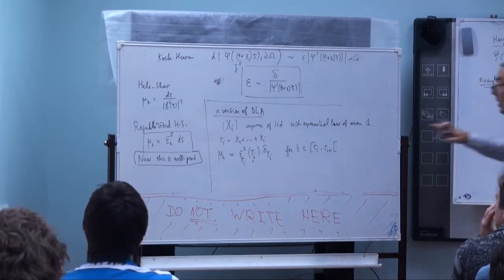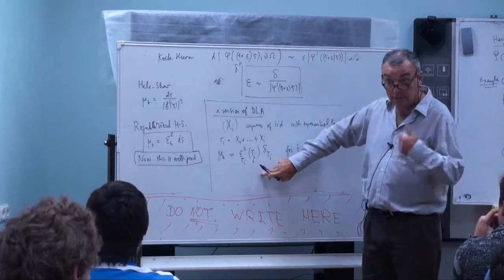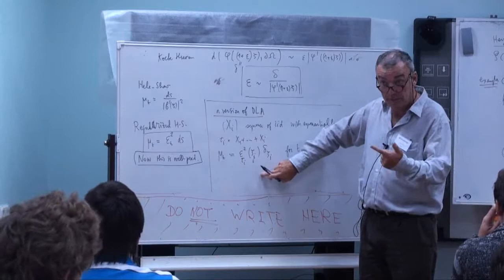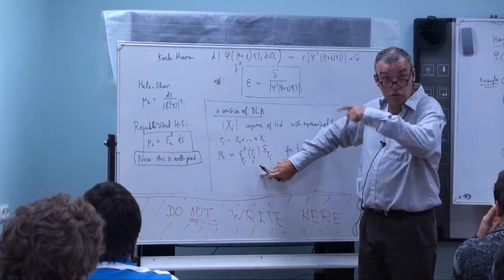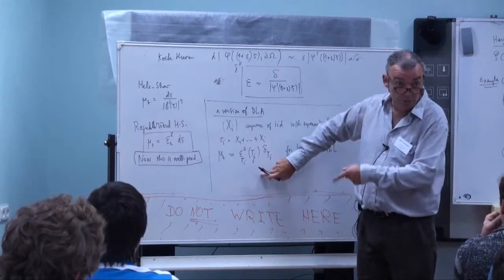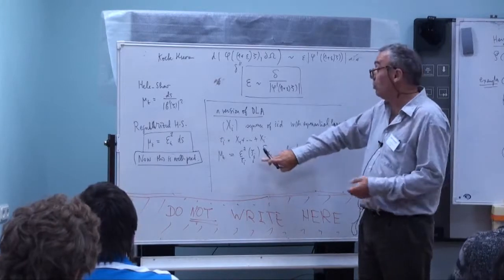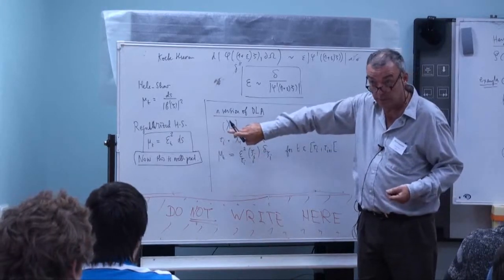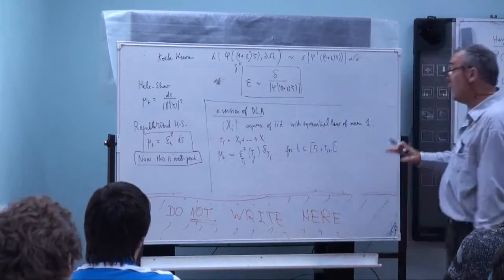So what are zeta_i? Well, zeta_i is a sequence of independent numbers chosen with uniform law on the circle. And this is also, of course, independent of the xi. So everything is independent.